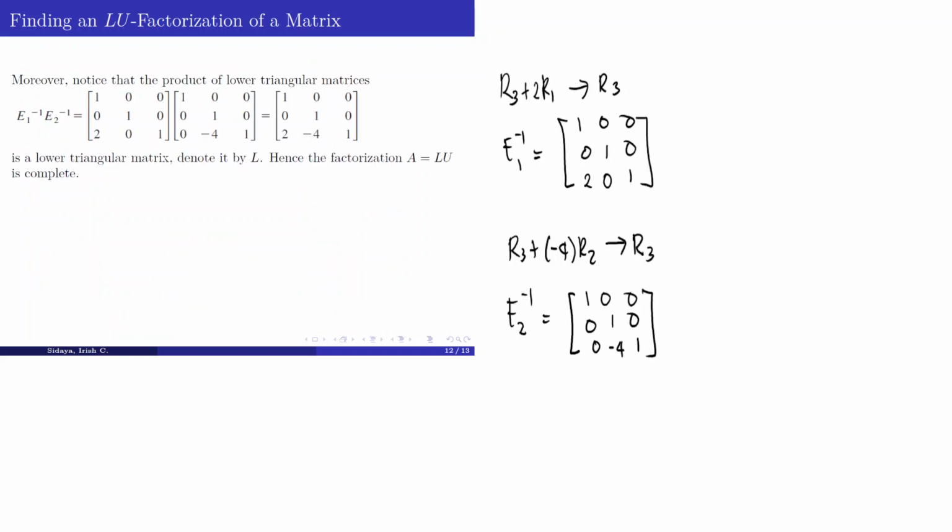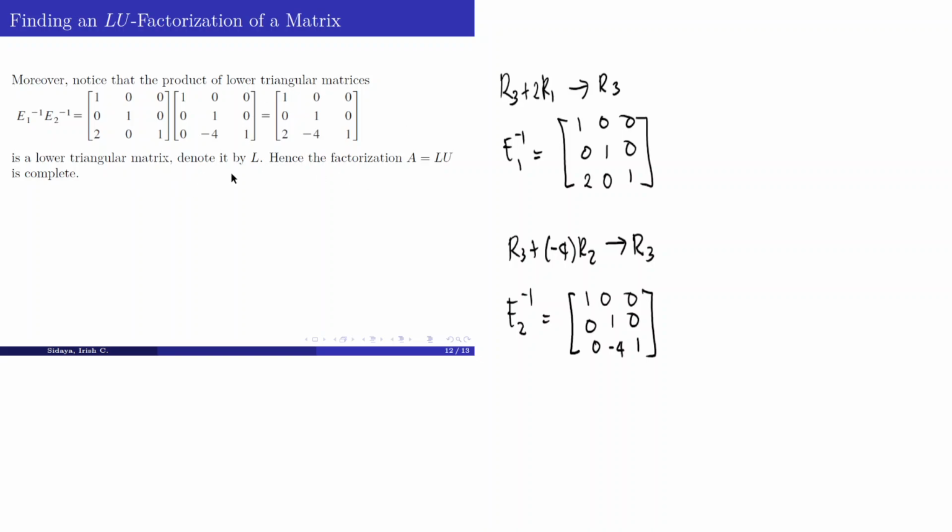So moreover, notice that the product of lower triangular matrices E sub 1 inverse and E sub 2 inverse is equal to this one, which is a lower triangular matrix.